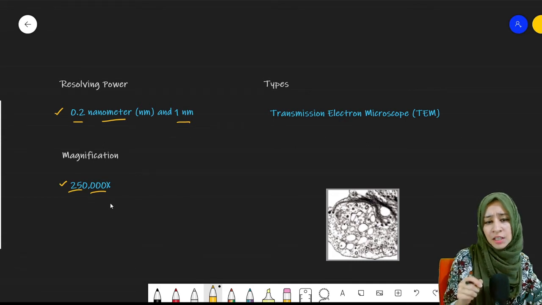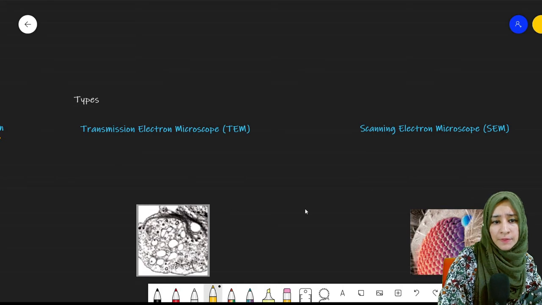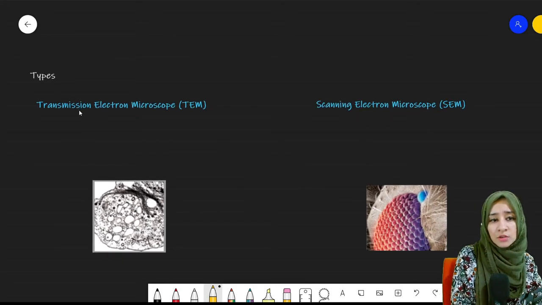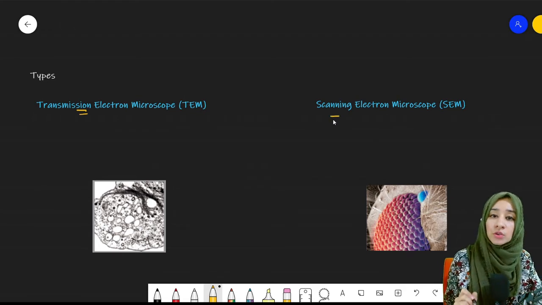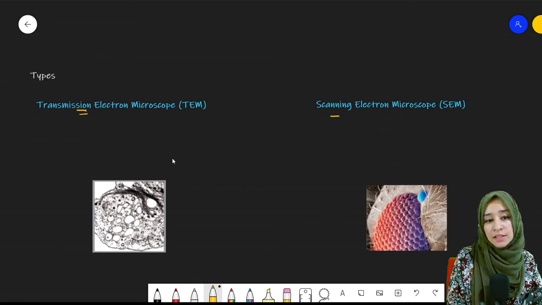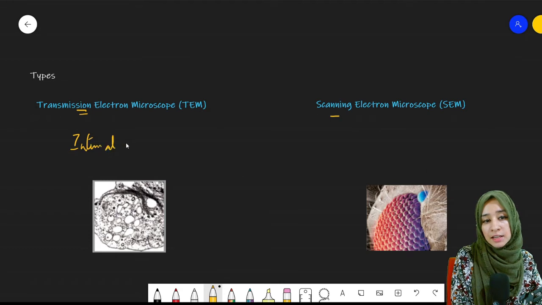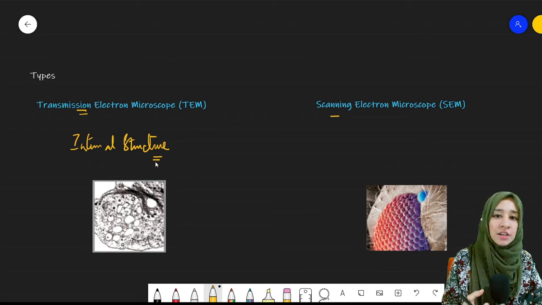Now there are two types of electron microscope: the transmission electron microscope, and the second one is the scanning electron microscope. The major difference between these two is that the transmission electron microscope is used to study the internal structure of a microscopic object, or the internal structure of a cell.